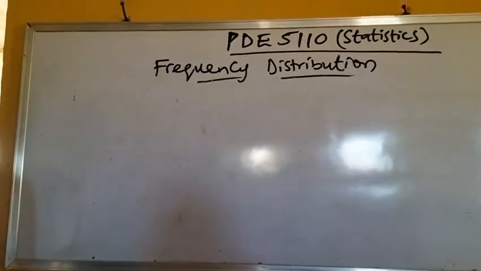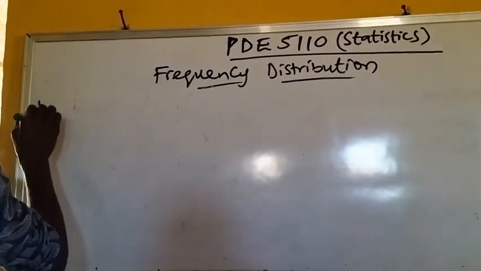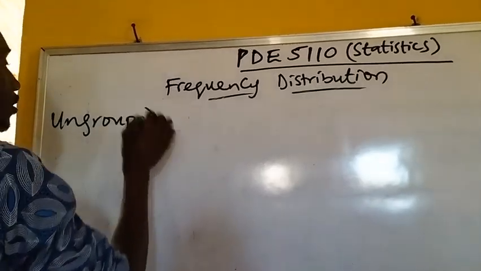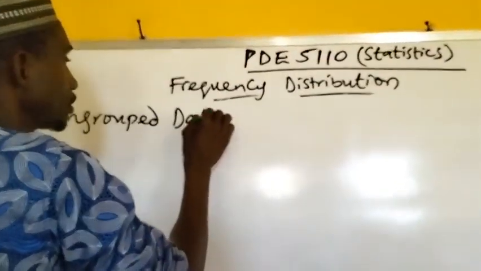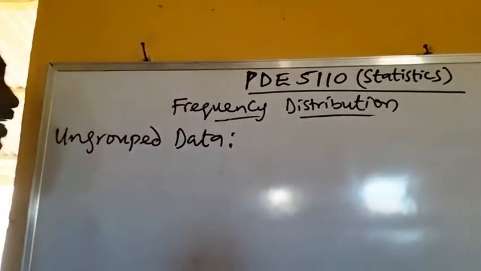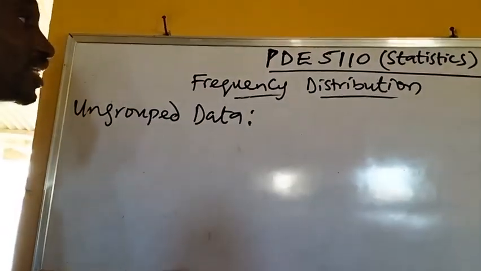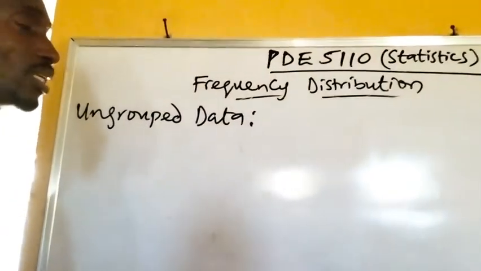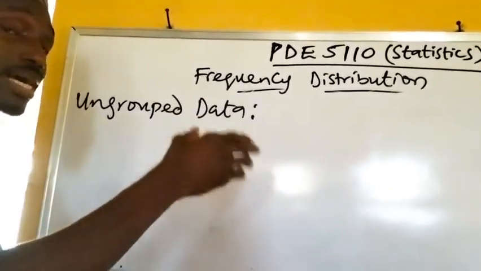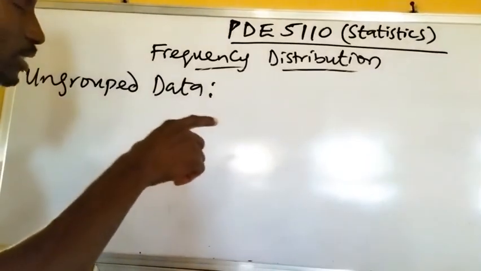Now, let's talk about ungrouped data. Remember, in the definition of frequency distribution, we said it is the way and manner in which we organize or arrange raw data in tabular form into what?